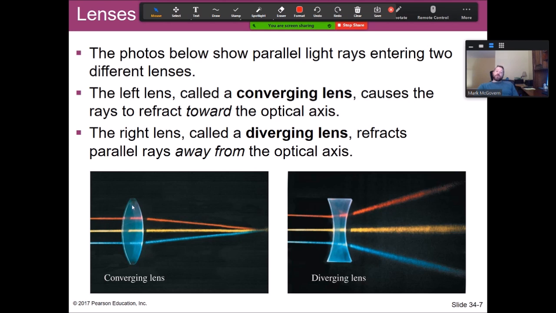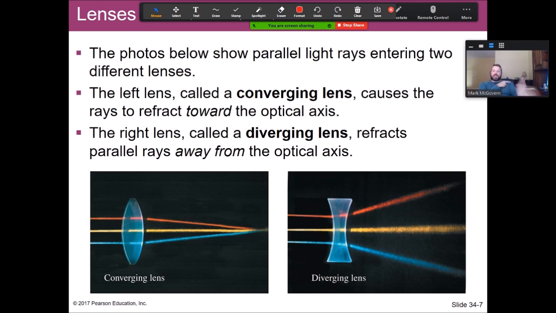When you have your first surface on the left-hand side, you have an object, and then that surface on the left-hand side creates an image. That image becomes the object for the other surface. And then you have a second equation that helps you figure out what that image is going to be. And that's what's really going on behind the scenes here, is that you're doing the problems we just did at the beginning of the lecture.